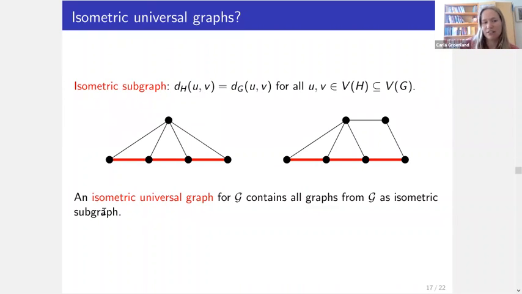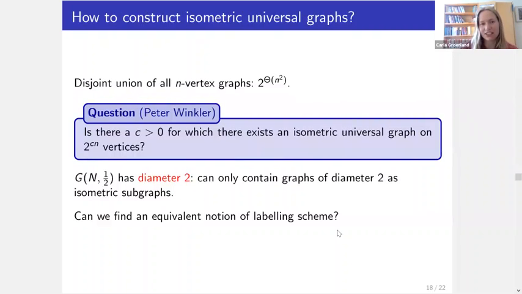So now we can define an isometric universal graph for a graph class to just be a graph that contains all graphs from this graph class as isometric subgraphs. And we can ask again, how small can we make it? Well, first question is, of course, does it exist? So it's quite easy to see that it always exists because we can still just take disjoint unions of n-vertex graphs.